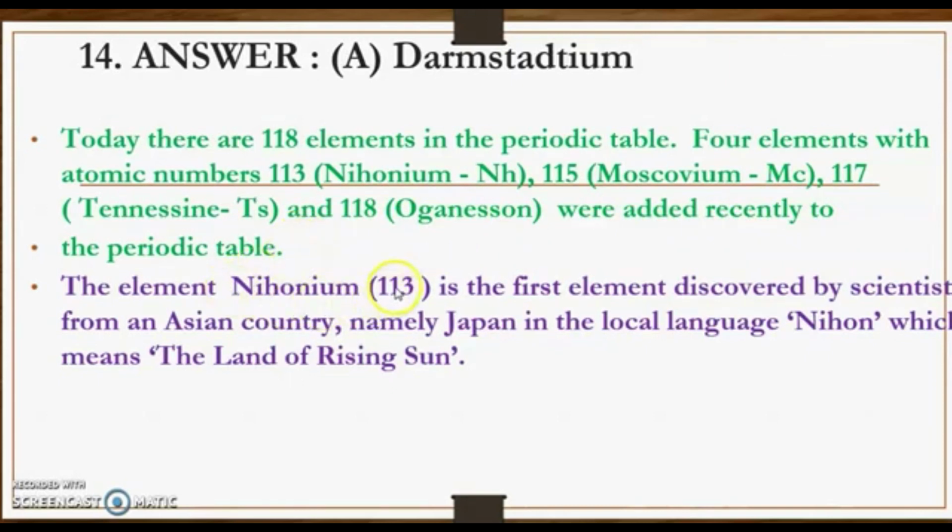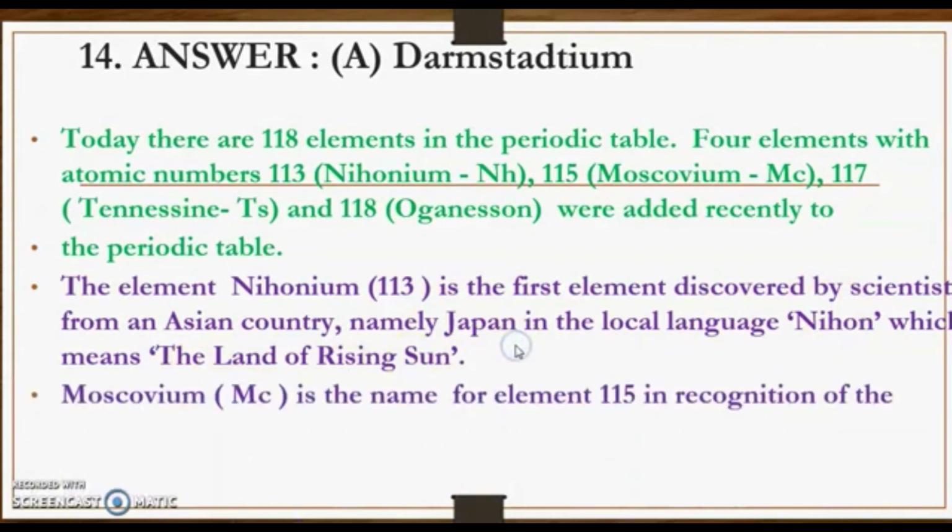The element 113, nihonium, is the first element discovered by scientists from an Asian country, namely Japan. Nihon means the land of the rising sun. Then 115, moscovium, is based on the name of Moscow from Russia.